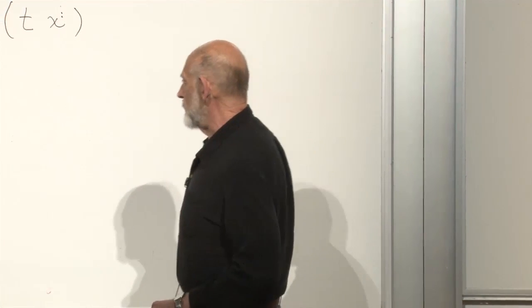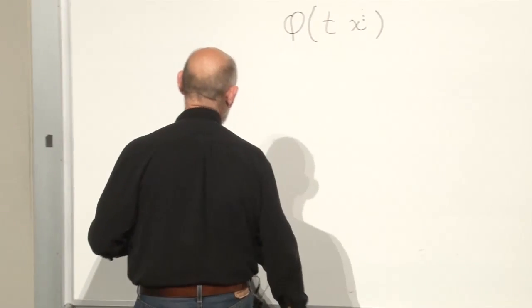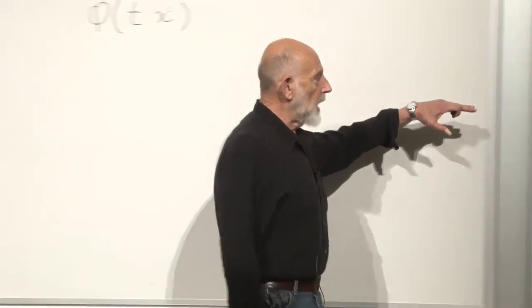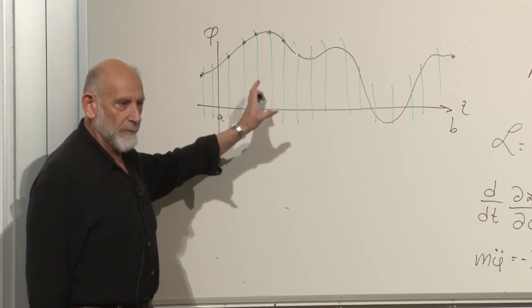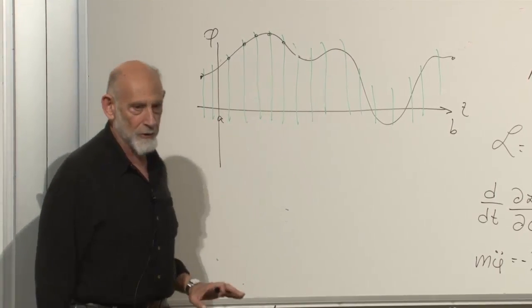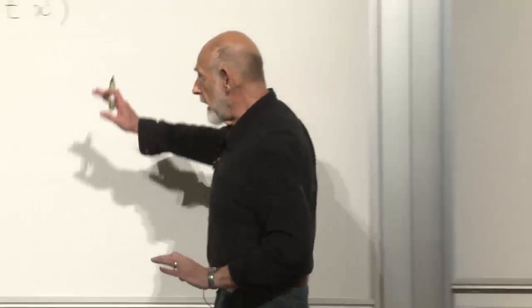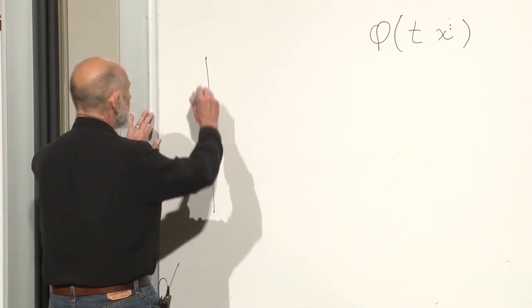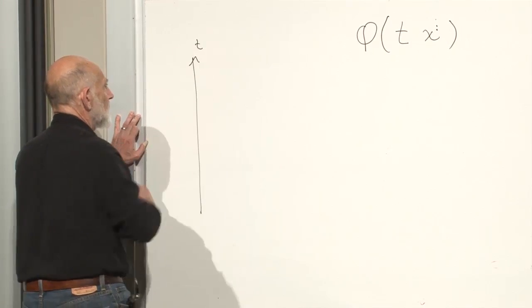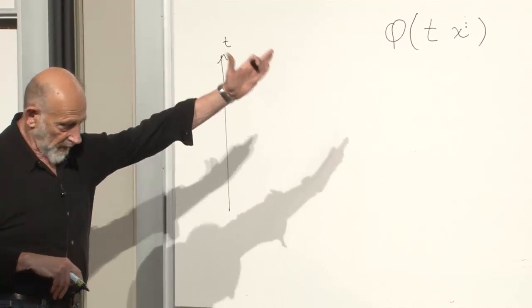All right, now what does an action principle look like? Now the world is not just a line. The vertical axis now, I don't have enough dimensions on the blackboard. I'll try to draw you a picture, but on this side of the blackboard, I am going to plot time vertically. Don't get confused. Time is still time.